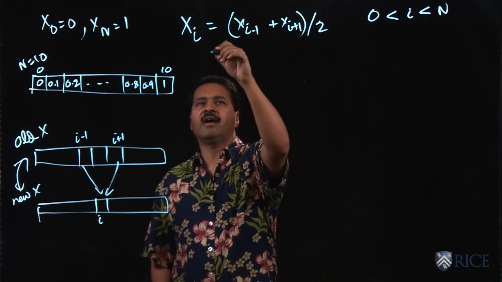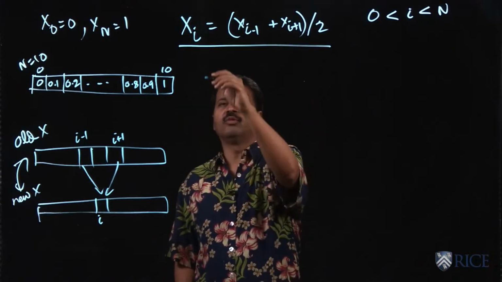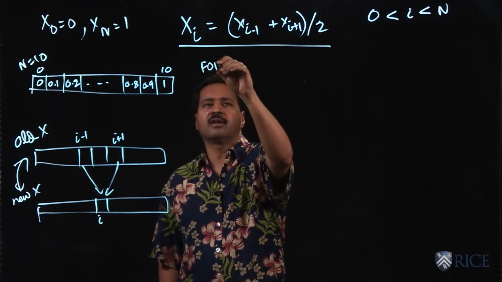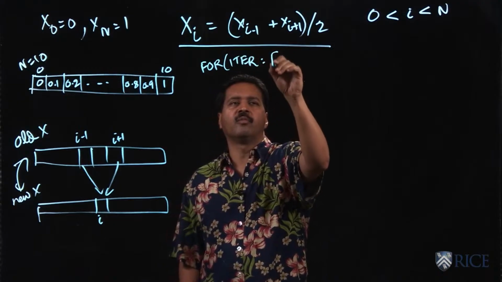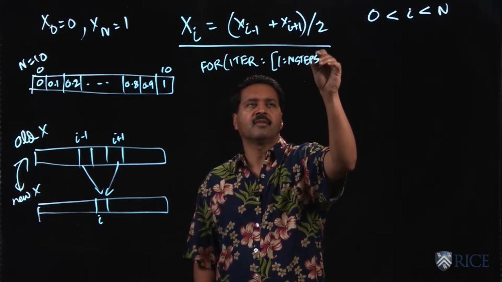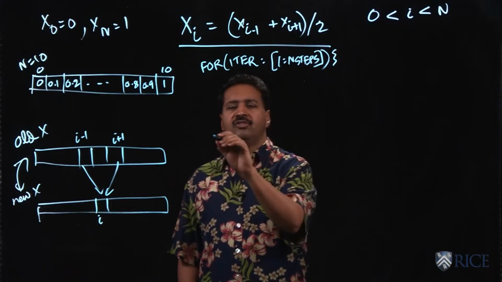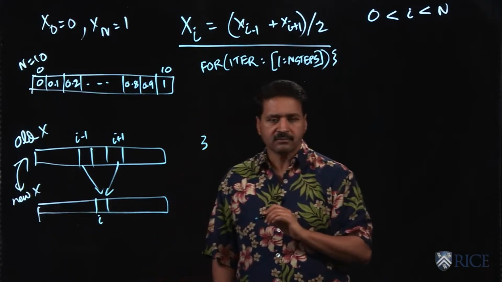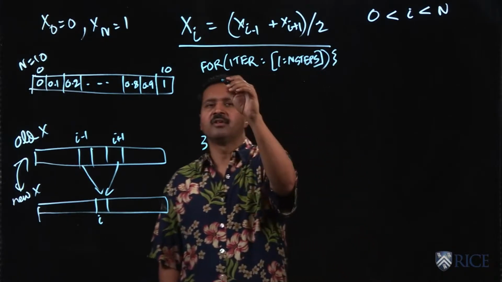Well, we have an outer iteration loop, which we can consider kind of like a time step loop. And that will go from 1 to some number of time steps. And then for each time step, we're going to do one of these parallel steps.